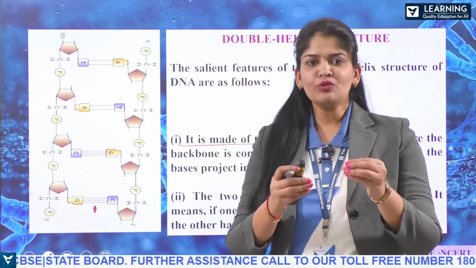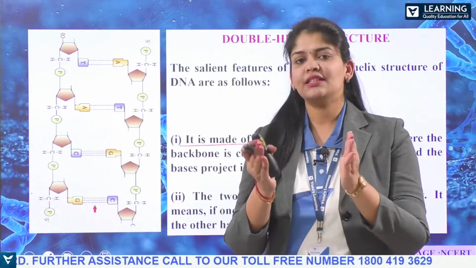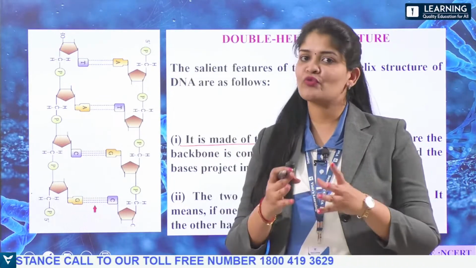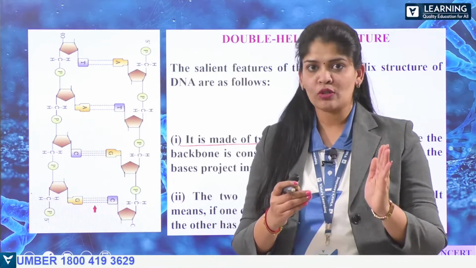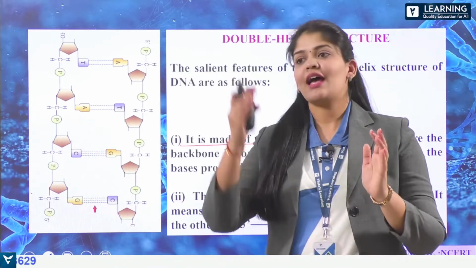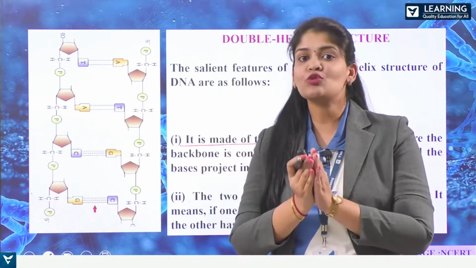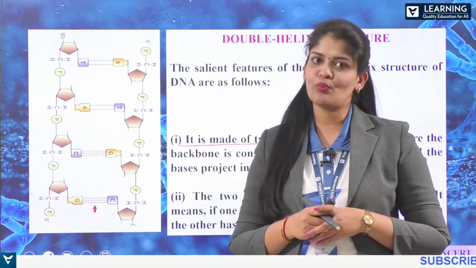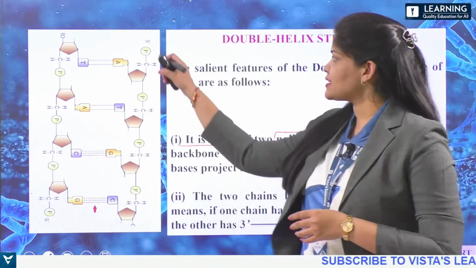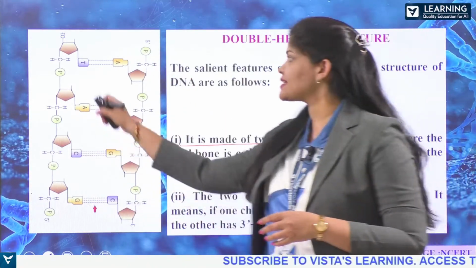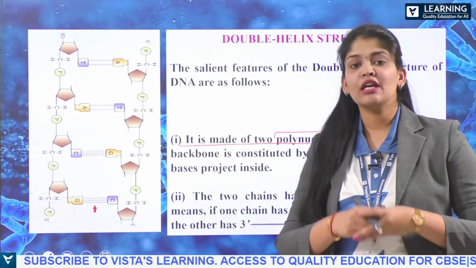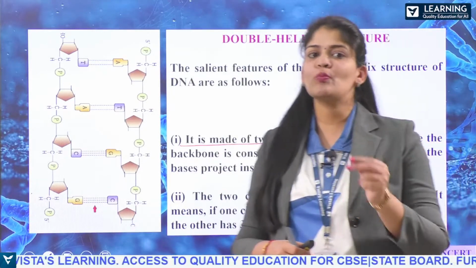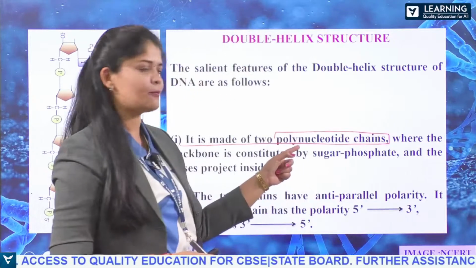These nucleotides are linked together by phosphodiester bonds, and one single strand is linked to another single strand by hydrogen bonds. So this is one strand and this is another strand. That means in the double helical structure of DNA, we find two polynucleotide chains.